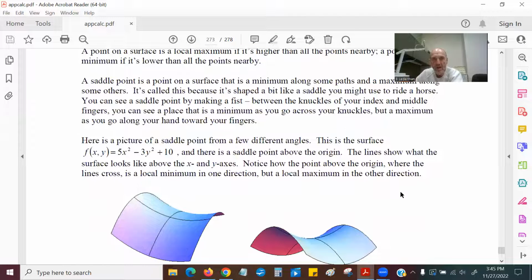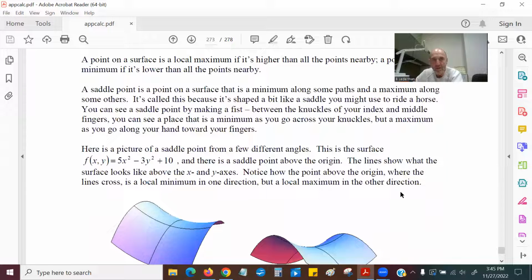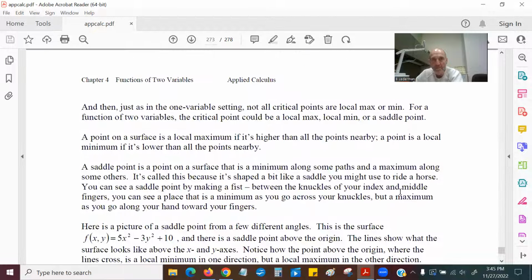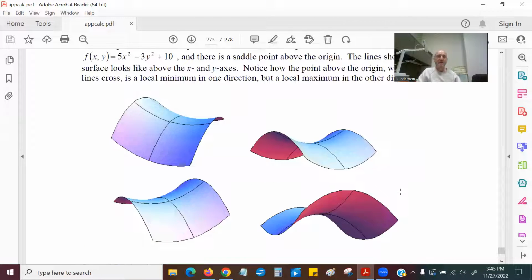Now, here's something interesting I want to show you. There's something called a saddle point. If you look at this, this is a graph. The function here is f(x, y) = 5x² − 3y² + 10.